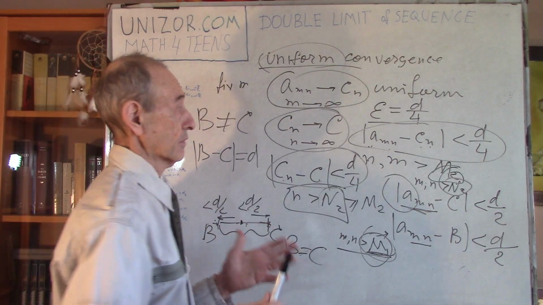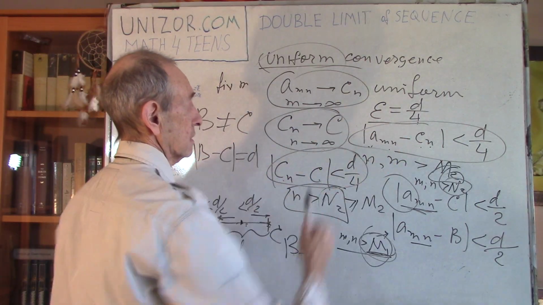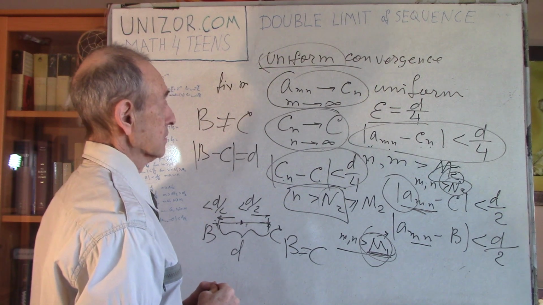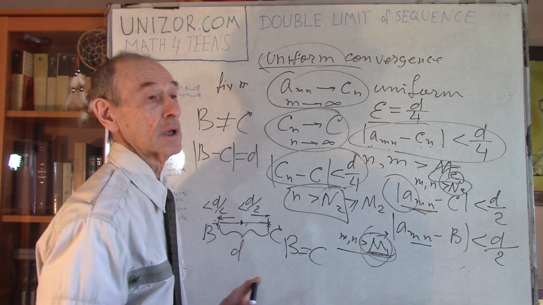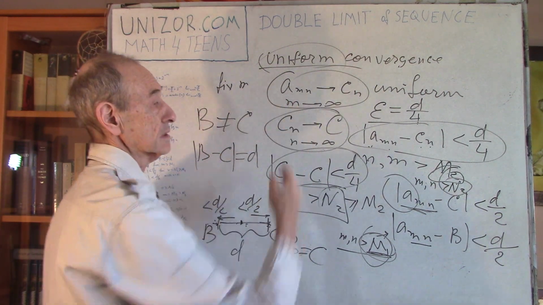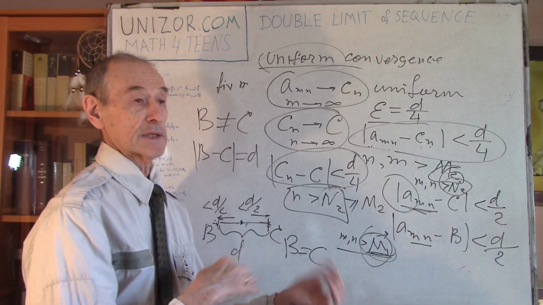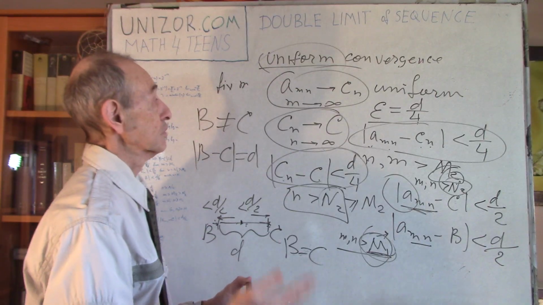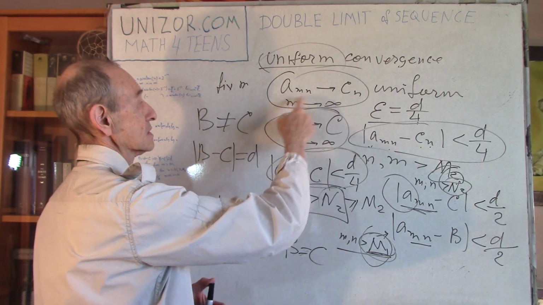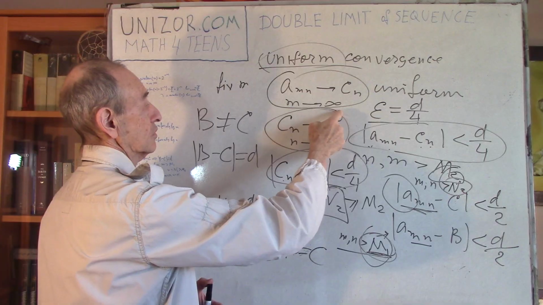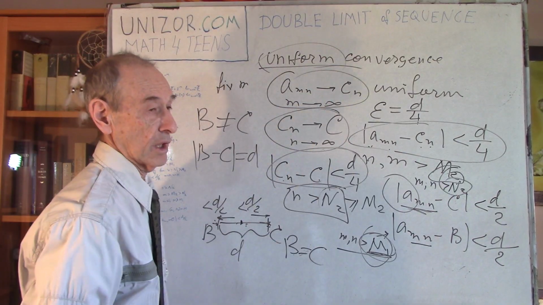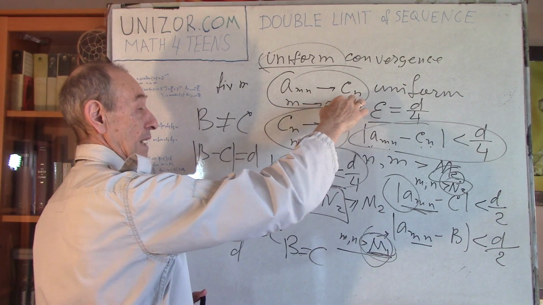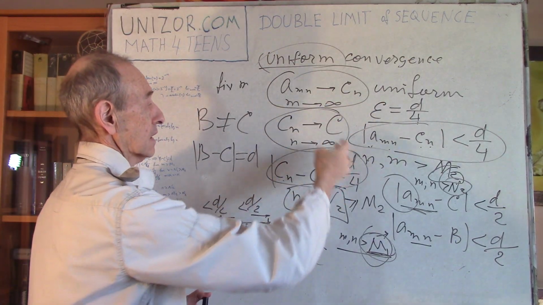Well, that's it. So this is a sufficient condition for the double sequence to have a limit when both indices are going to infinity, and it doesn't really matter whether you go by one index to a limit which will be a function of another index. In this case, for example, we go with m to infinity, then it will be a function of n, and then we take the limit by the second index and get some number.